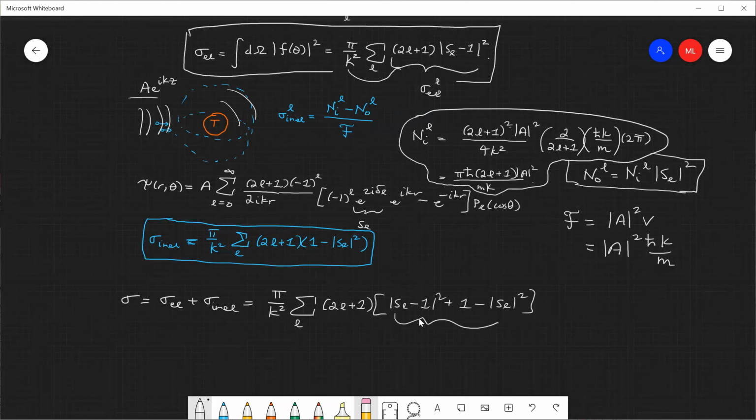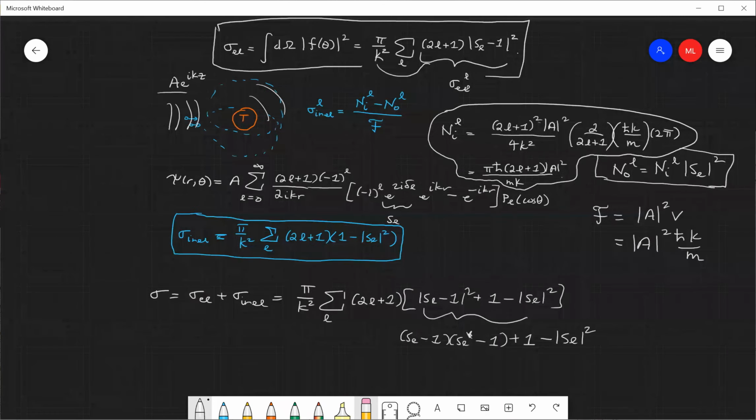This is nice because we can start expanding this. This would be S_L minus 1 times S_L star minus 1, which is just a convenient way to represent the magnitude squared. Then you've got the plus 1 minus the magnitude of S_L squared.